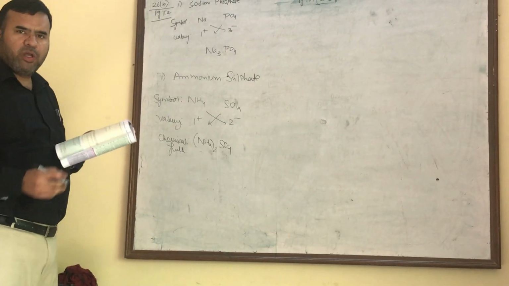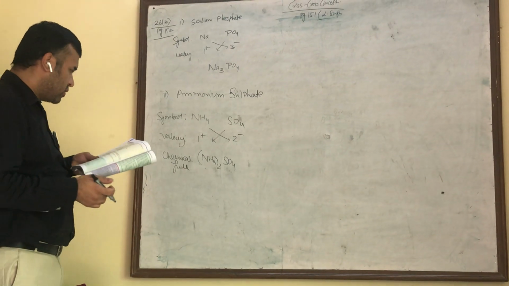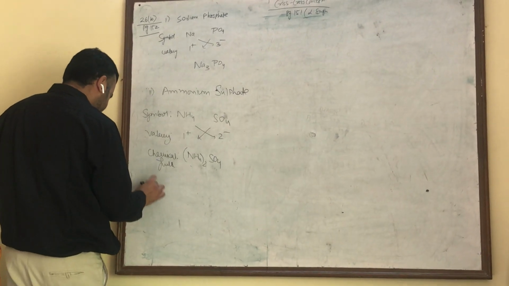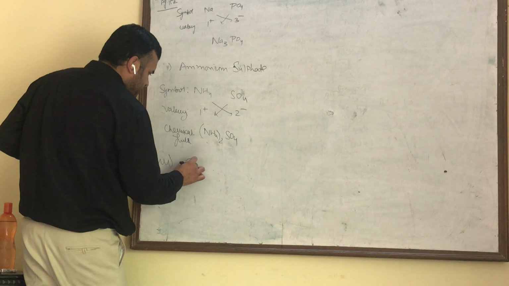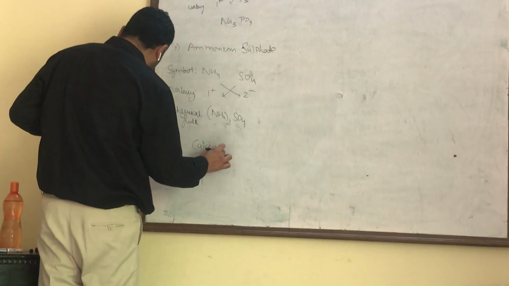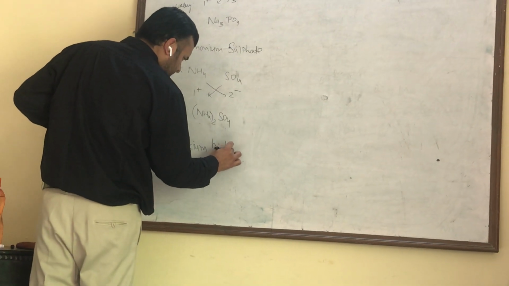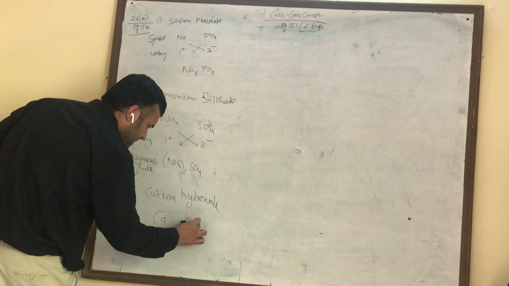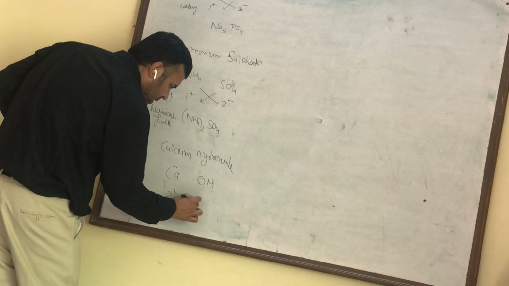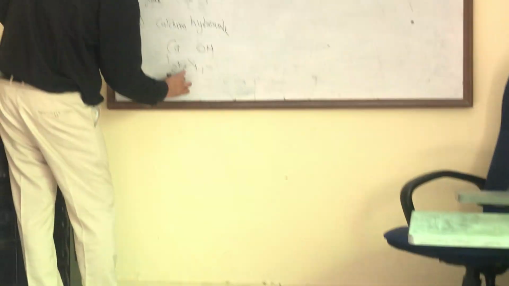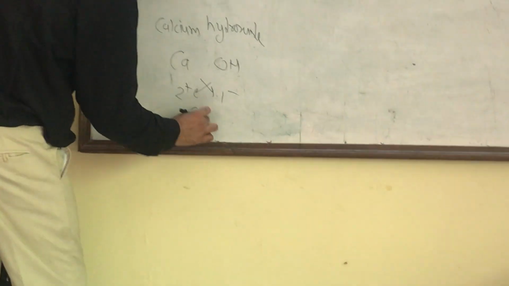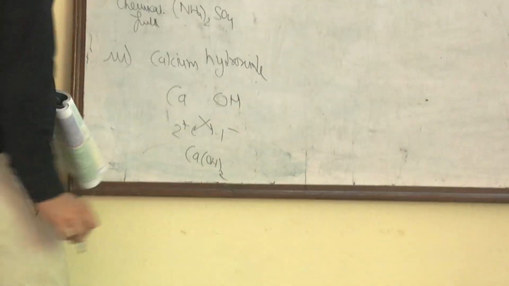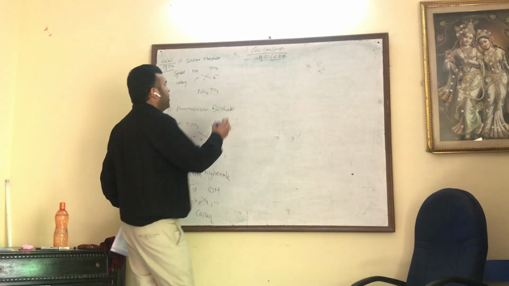So formula of ammonium sulfate is (NH4)2SO4. Third part is calcium hydroxide. Calcium is 2 plus, hydroxide is 1 minus, Ca(OH)2, calcium hydroxide.